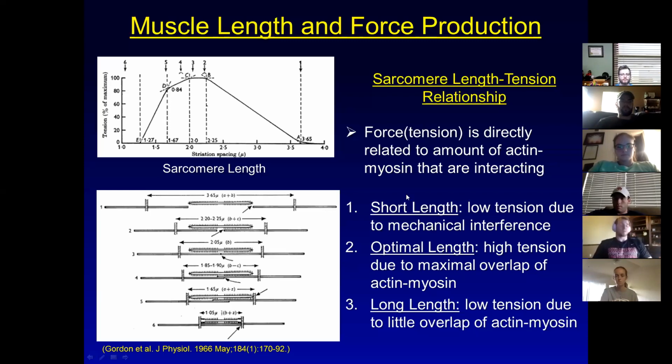Do you think his sarcomeres at full extension look like this, where they're really stretched out, and all the way at full flexion they're going to be here, and then somewhere in the middle is kind of looking like this?